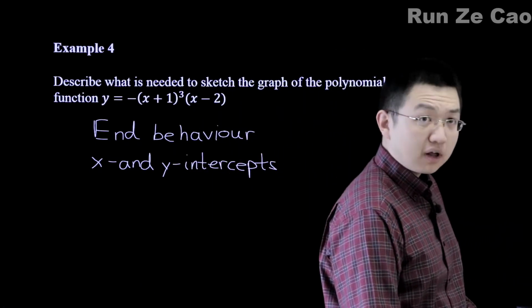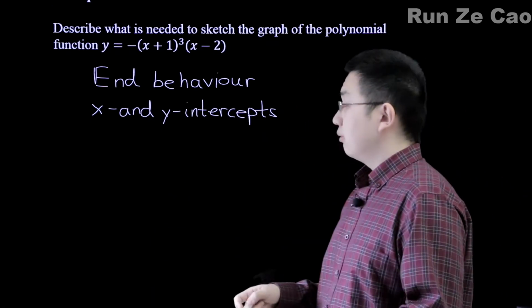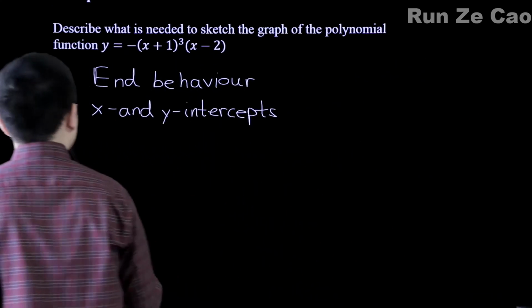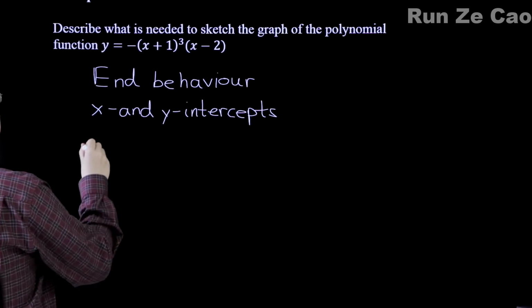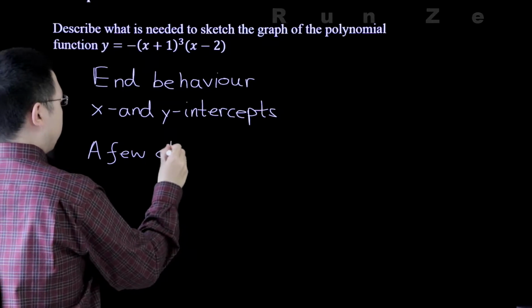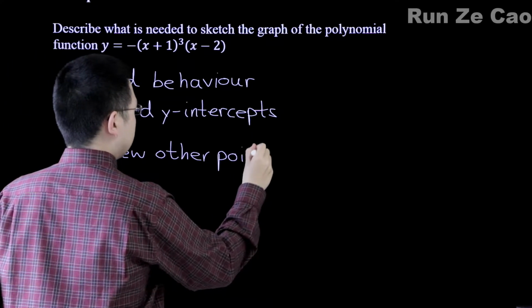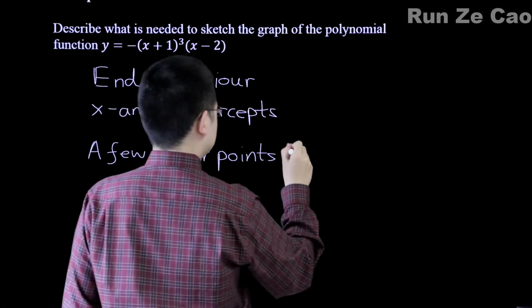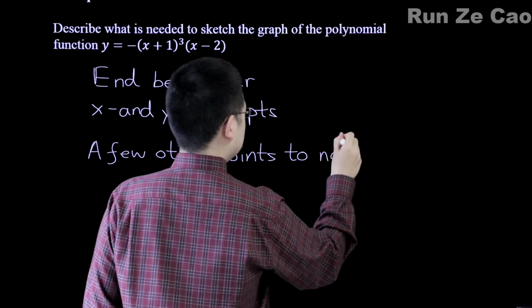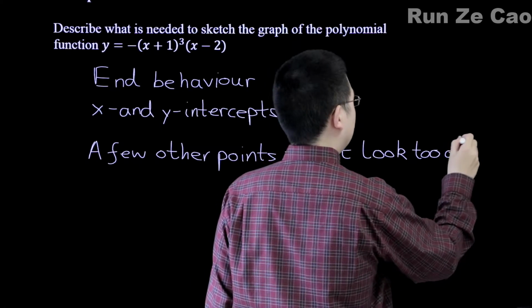I mean, you could plot a few extra points, and that's nice to plot the graph with. So let's say a few other points to not look too off.